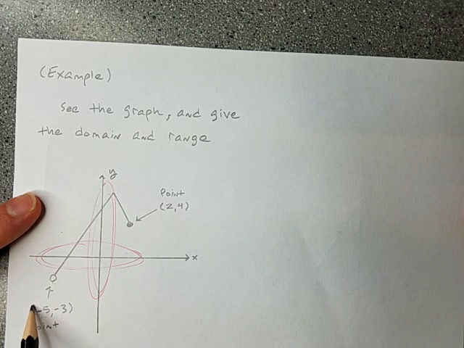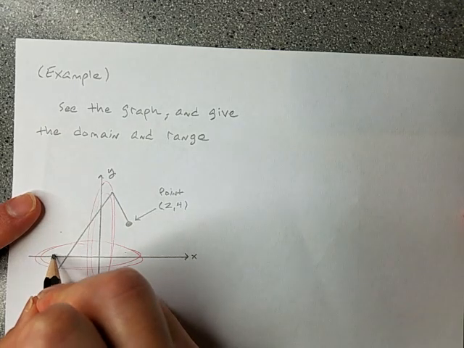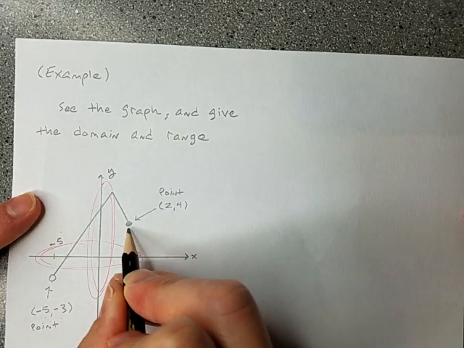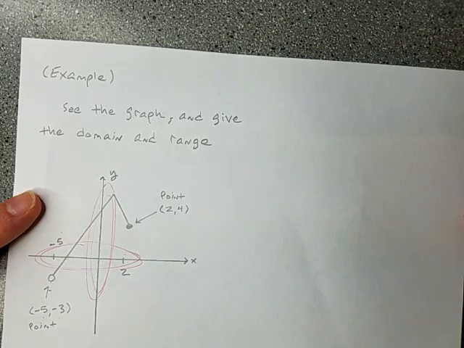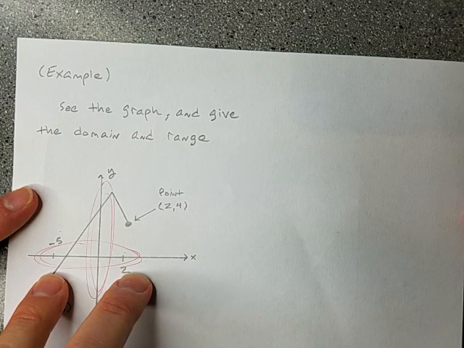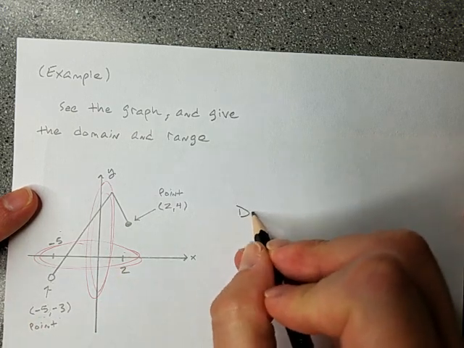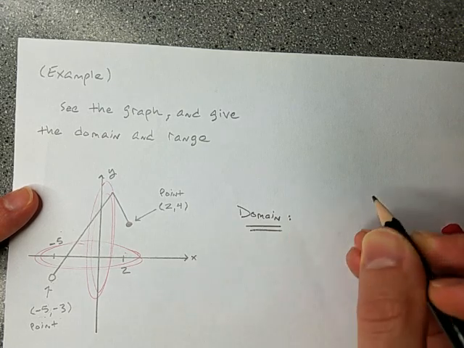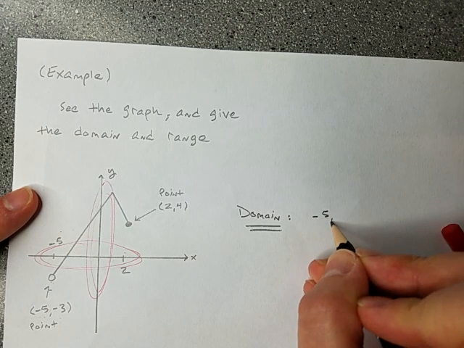Left 5, okay? So that's -5 over to here. Where was this point again? Right 2. Okay? So it spans the x-axis from -5 to 2. All right, so I feel like I've got it. The domain, now that I'm looking at it like that, is -5, 2.